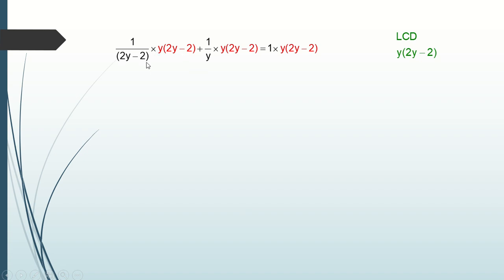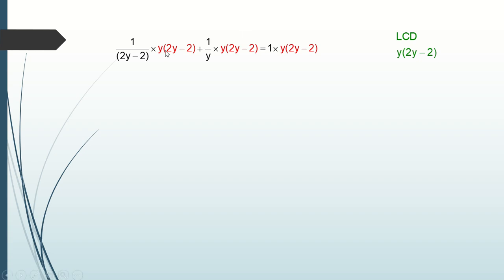So if you look at the first term, you have 2y minus 2, it's there. You have y for the second term, it's there. And for the third term, it's 1 over 1. So 1 is there even though it's not shown.